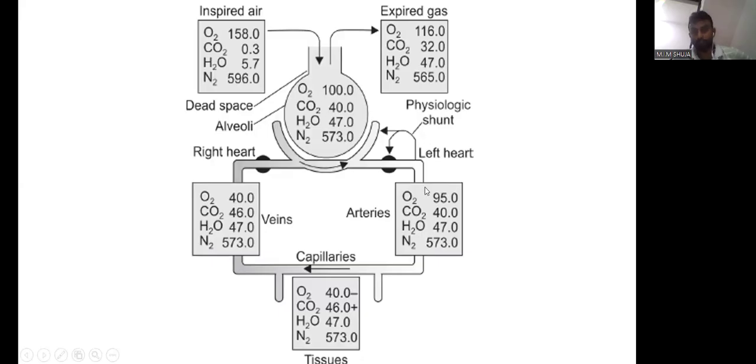But after the diffusion, in the arteries, it is 95 because of the shunted portion of the blood. If there is no physiological shunt and the diffusion is perfect, you would expect the partial pressure of oxygen in the artery to be similar to that in the alveoli.